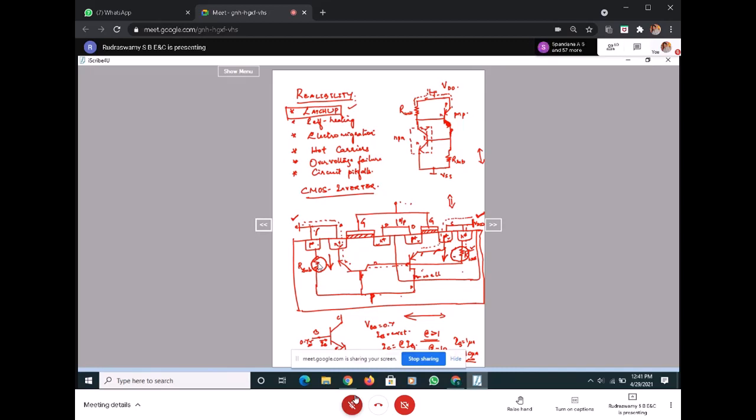The moment I make it minimal, I ensure that the base current over here is minimum or almost 0. How will it be 0? By ensuring that this voltage is almost 0. By reducing the R sub, I make sure that this voltage is at 0 potential. The moment this is 0, IB is 0.